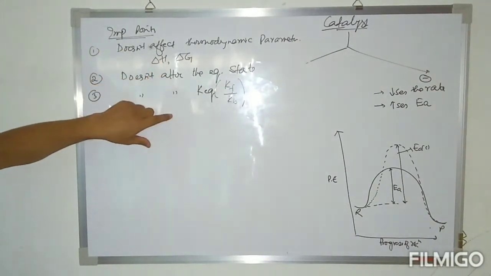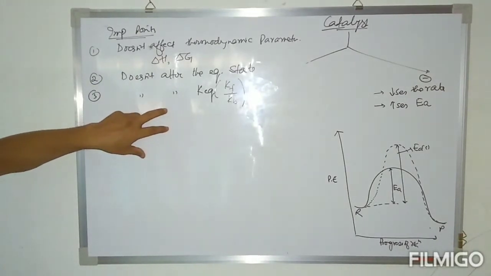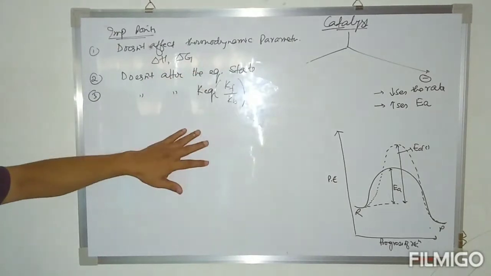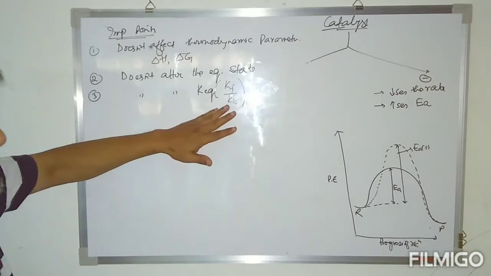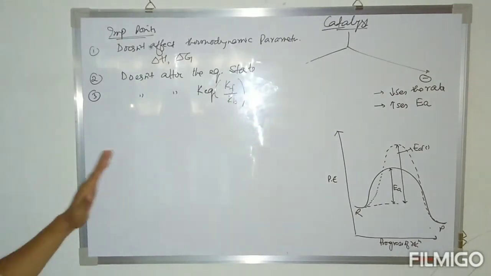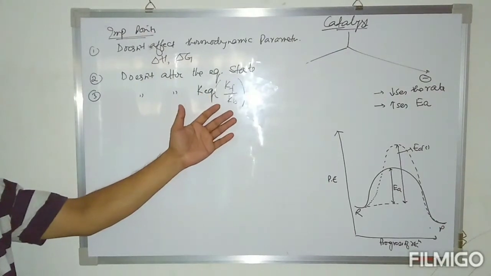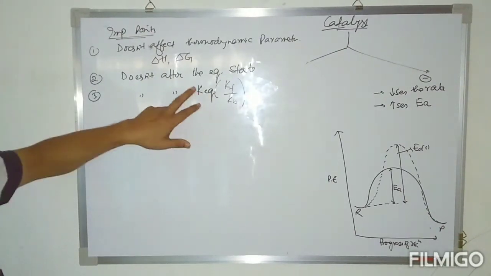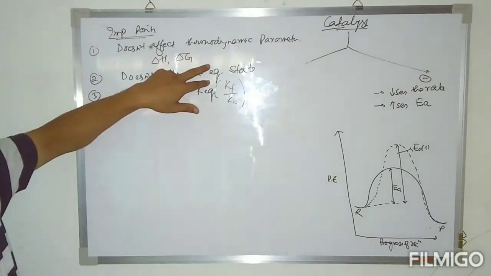So these catalysts decrease the activation energy of forward as well as the backward reaction. So by this, the rate of forward reaction as well as rate of backward reaction is increased. Now, both rates of forward and backward reaction in an equilibrium state are increased by the same factor. So this results in the same equilibrium constant or same equilibrium state.